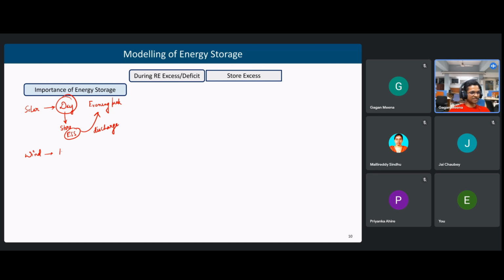Similarly for wind, generally the maximum power from wind is observed during late evenings or at night. So we can store it and then use it during the daytime. So energy storage can help us in this.